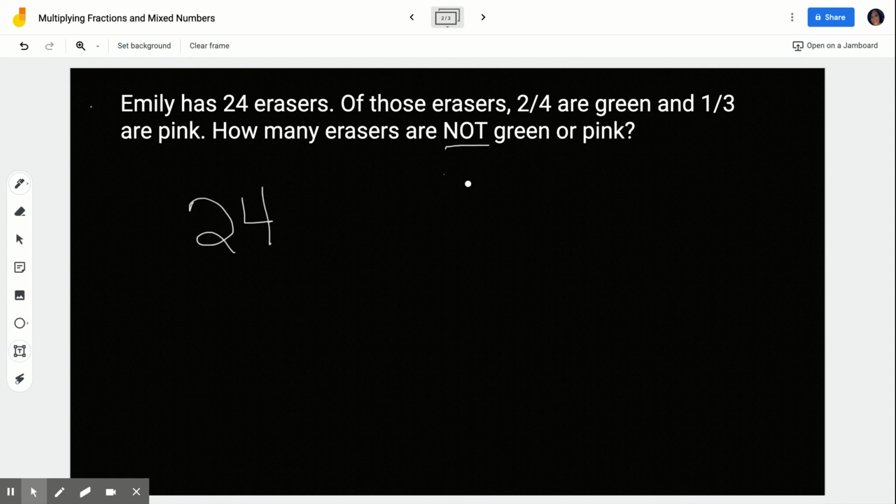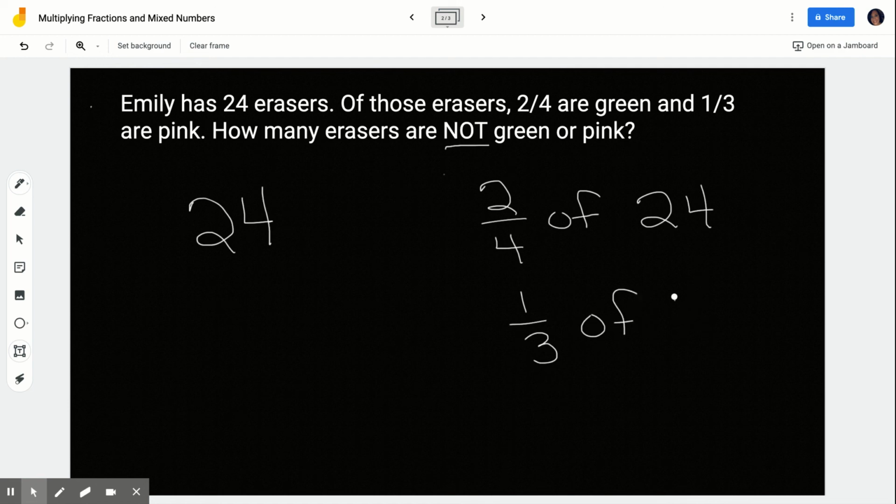So for the first problem, we're trying to figure out what 2/4 of 24 is. And for the second problem, for pink, we're trying to figure out what 1/3 of 24 is.